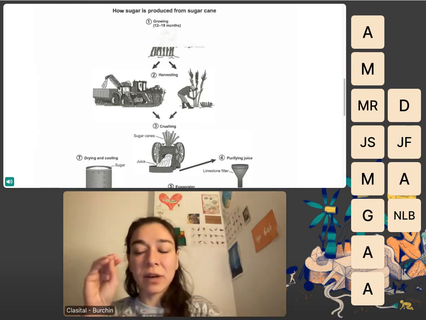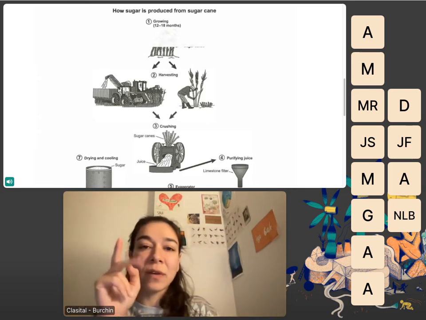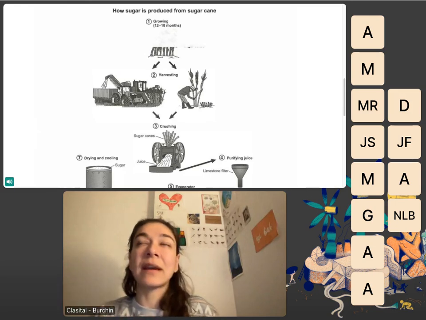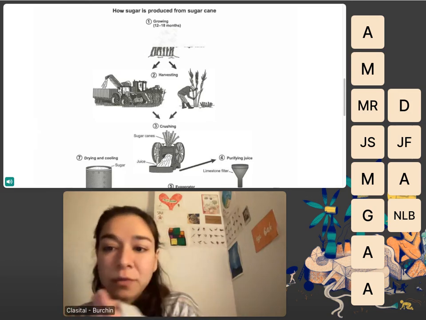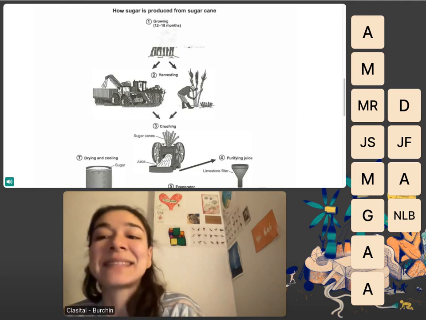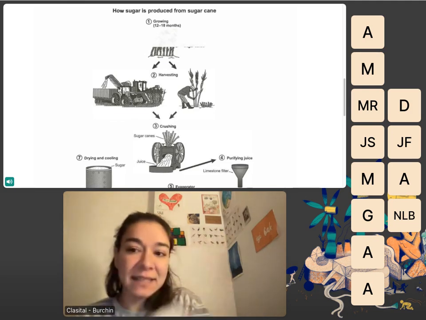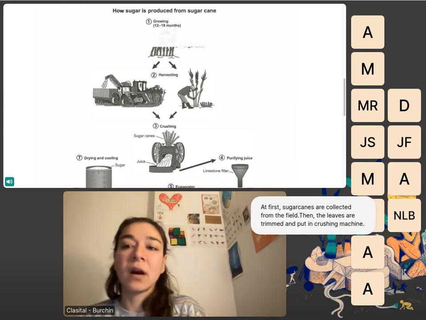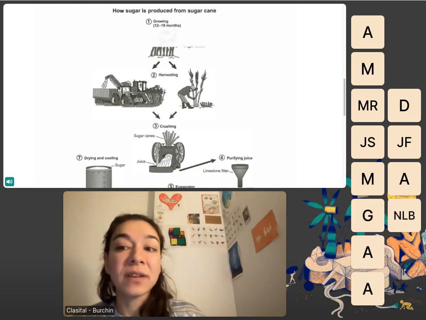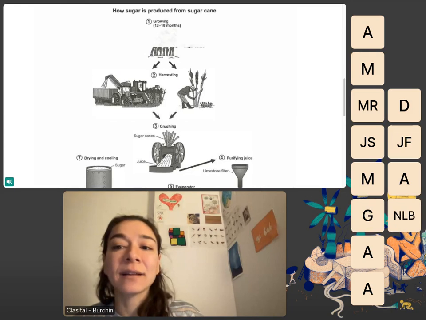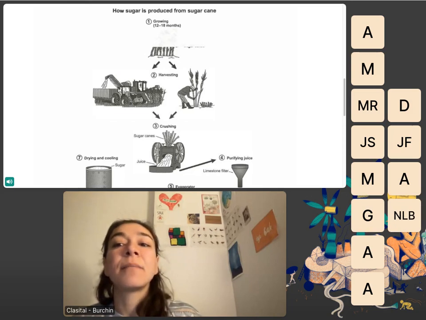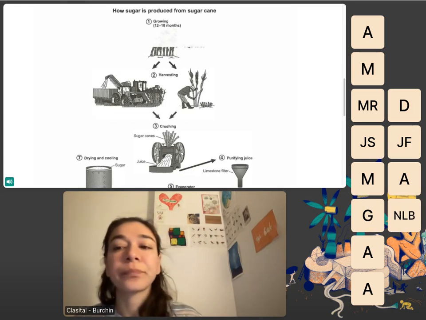So like in the very first step, 1 to 1.5 years old crops of sugar canes, s, because you are using are harvested either by machines or they are cut manually. Okay.